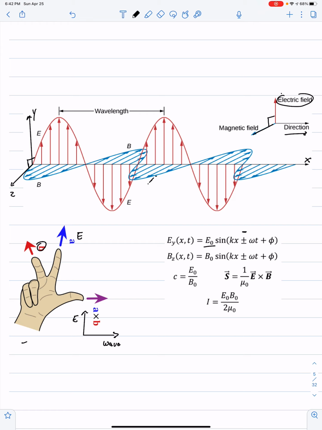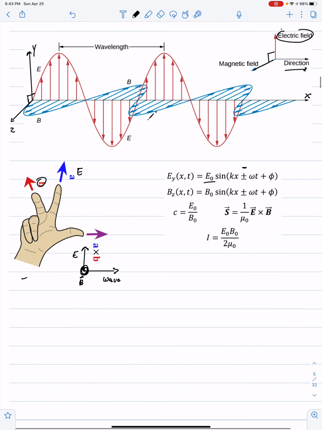So the electric field is pointing with my index finger in this direction, and then my middle finger should be pointing out of the page. Okay, so that's how we identify the directions between the electric field, magnetic field, and the wave direction. Let's continue practicing this because this is important.